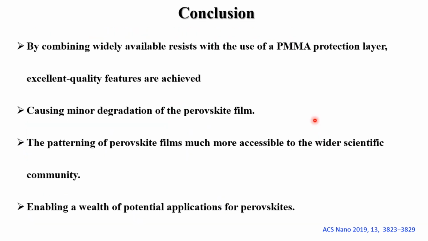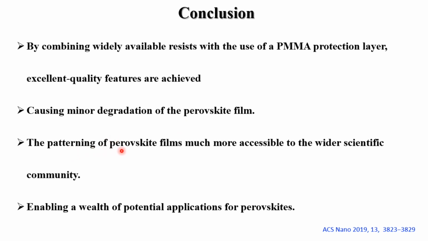So the conclusion is that by combining readily available resist with the use of a PMMA protection layer, we can achieve excellent quality features of the halide perovskite with the lithography process, which causes only minor degradation of the perovskite. In this form there is not much degradation, but minor degradation is found, and we can see the quantum yield degraded from 55% to 45%.